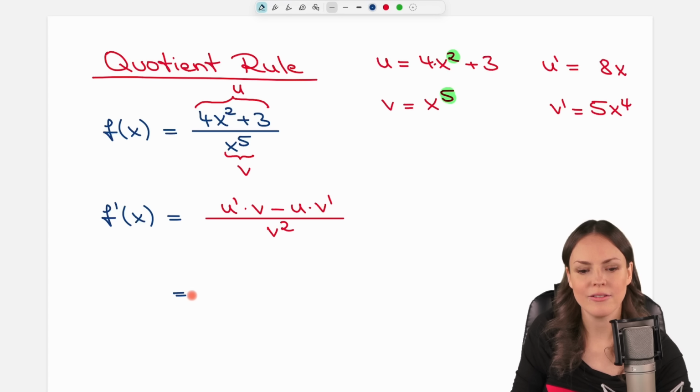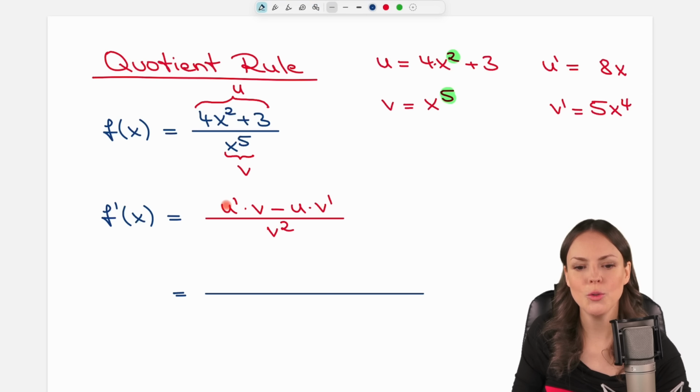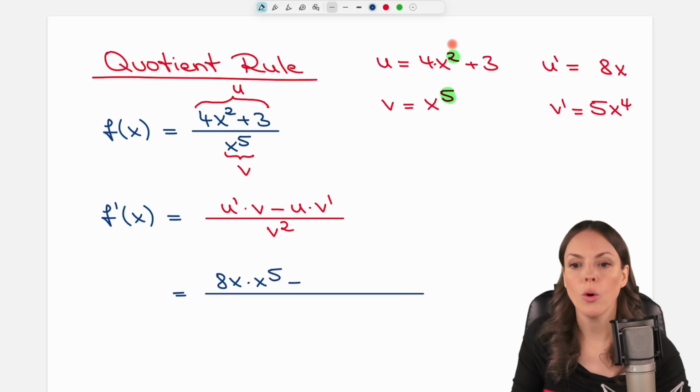Let's insert everything into our formula. U prime is 8x times v, which is x to the power of 5, minus my u, which is this whole thing. So please, every time you have a plus or minus in between, always write it in parentheses so that you take the entire u as it is, and then multiply it by v prime, which is 5x to the power of 4.